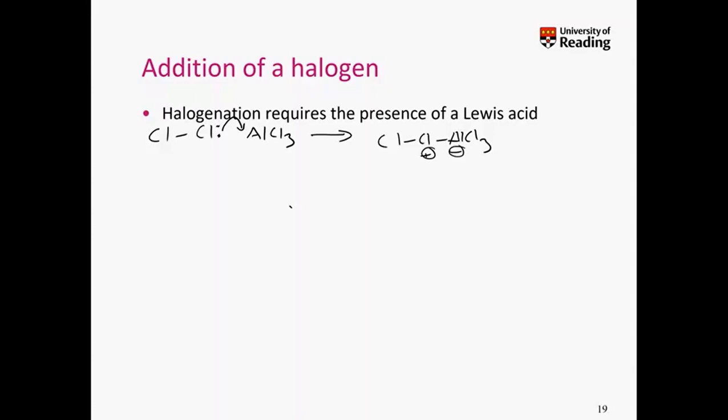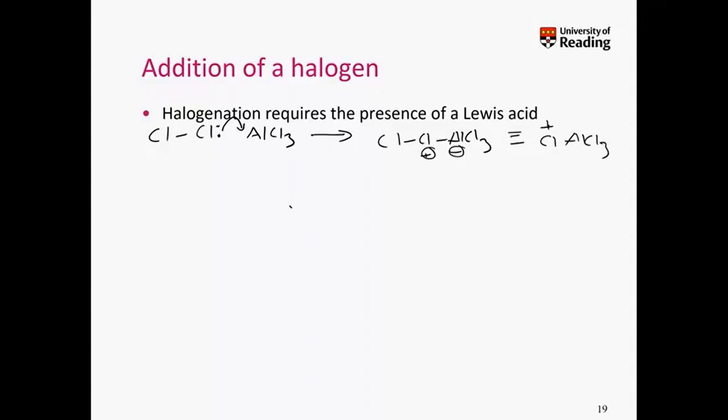Okay, and what we can then see is you have this positively charged chlorine, and so it's the equivalent of saying this is equal to having Cl plus and AlCl3.